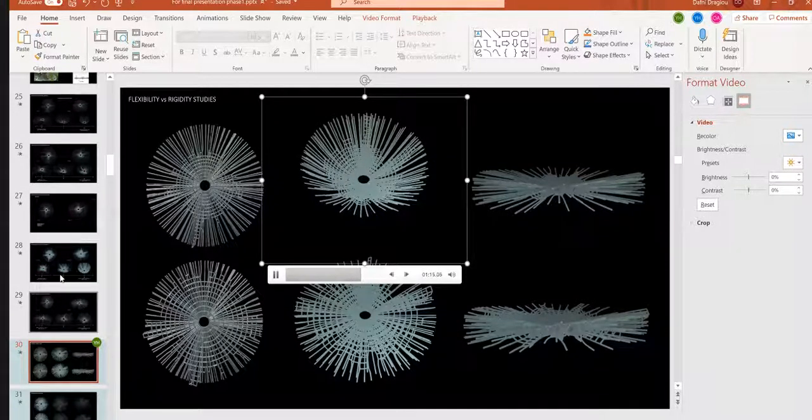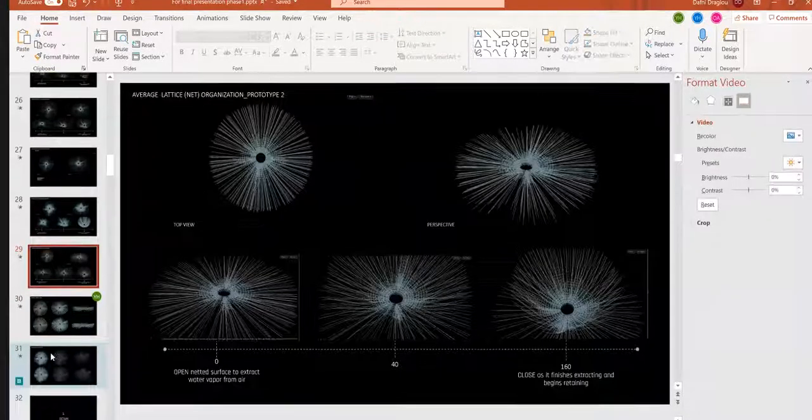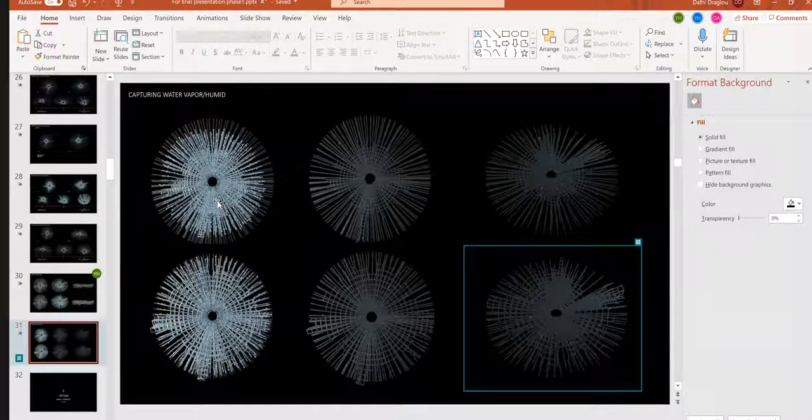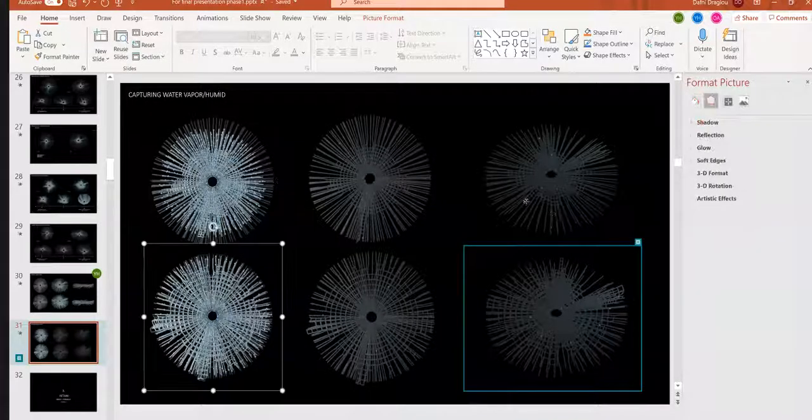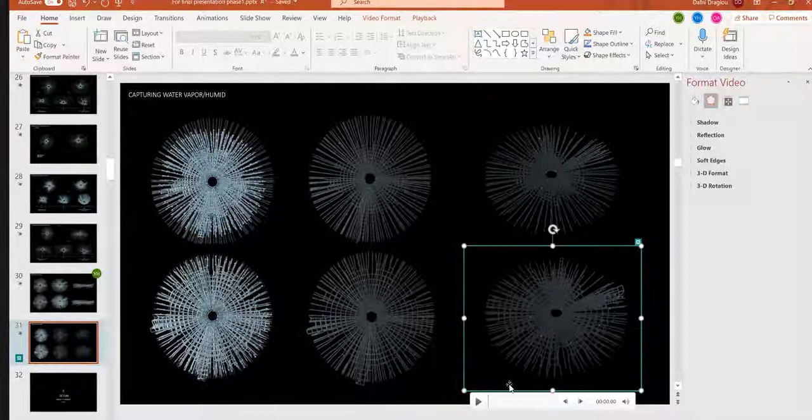We're comparing the lattice itself, different kinds of densities and thicknesses. And also we're comparing how the wind tunnel, if it is too structured, what happens in the floating process?